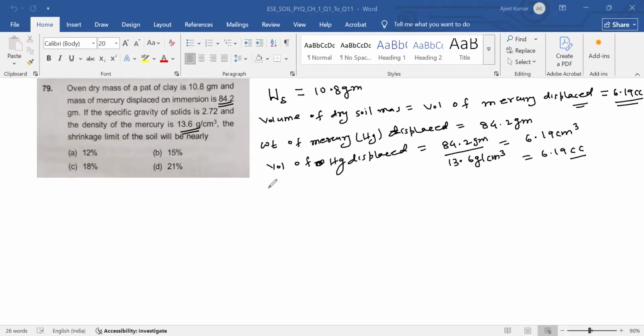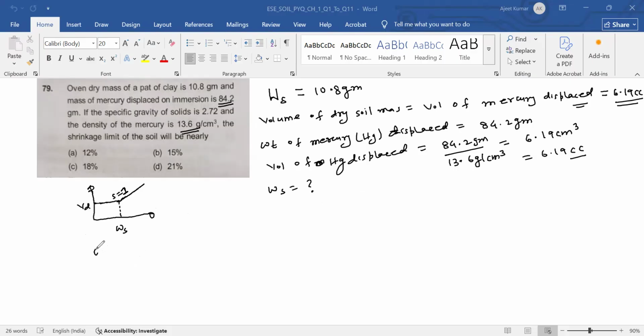The shrinkage limit of the soil will be nearly? So we have to calculate the shrinkage limit. Let me draw the graph here. What we have to calculate is water content. Here S is equal to 1, and this is V dry.